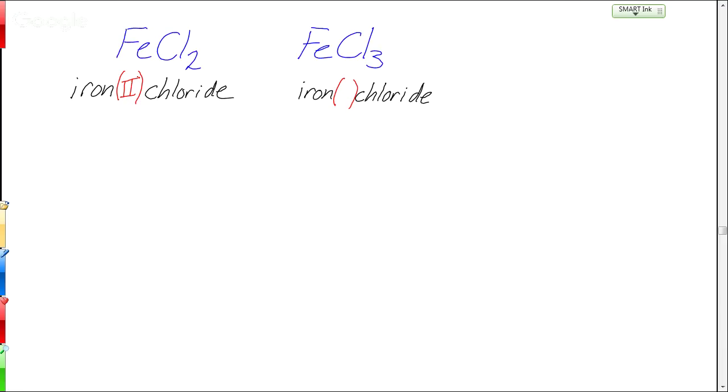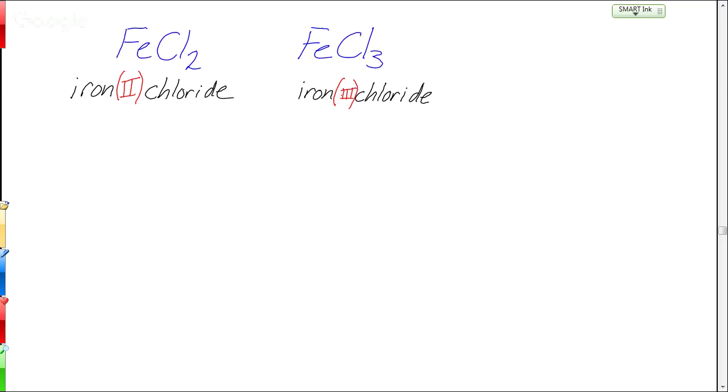So we have to look at the rest of the compound. We know each chloride is a 1- ion. So that means that if there's 2 1- ions, there must be 2+ on the iron to balance that out. So then this one must be what? The other one? 3. So we've got iron(II) chloride and iron(III) chloride.